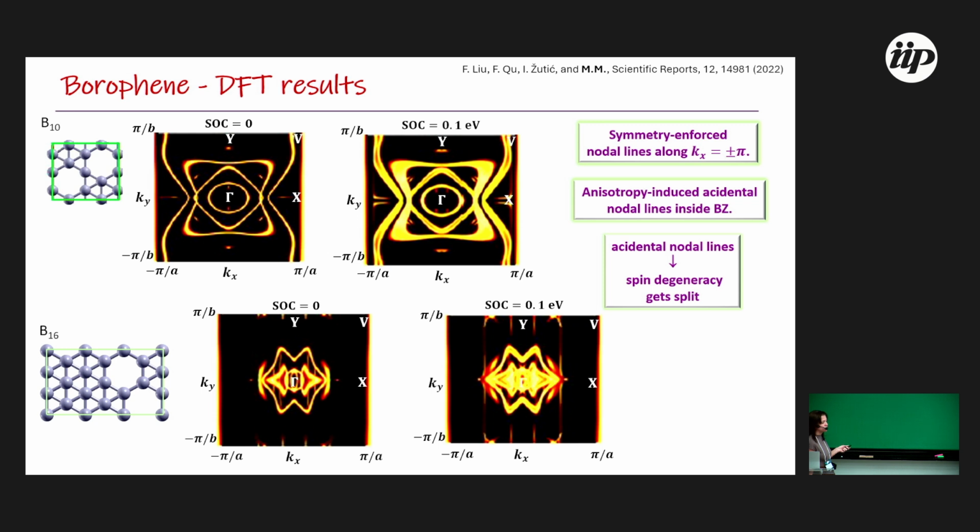And we carried out a robustness test on these nodal lines. If we include spin-orbit coupling as strong in this material as 0.1 electron volts, the accidental nodal lines inside the Brillouin zone have their degeneracy split, but not at the edges of the Brillouin zone where the nodal lines are symmetry-enforced. Eventually, these nodal lines inside the Brillouin zone will be gapped out by strong enough spin-orbit coupling. What we found, which is interesting, is that this value is really huge for borophene or graphene.